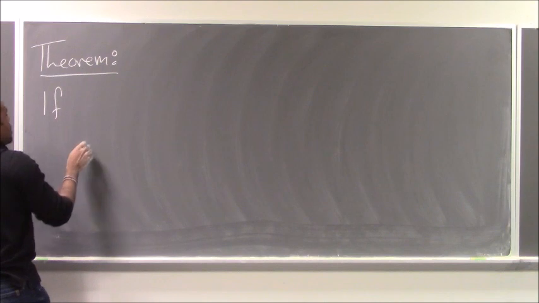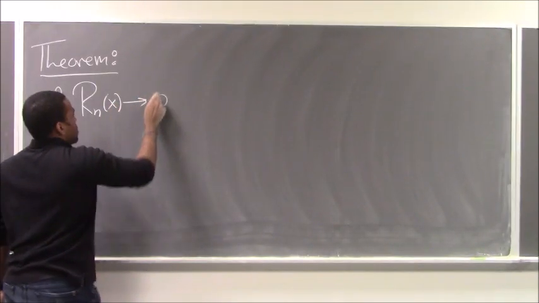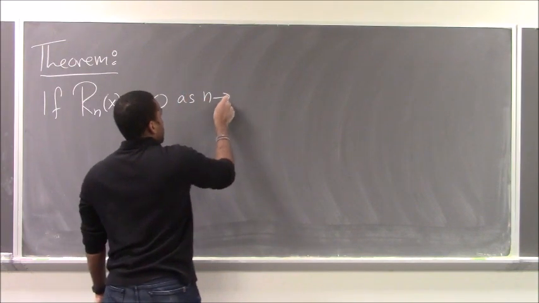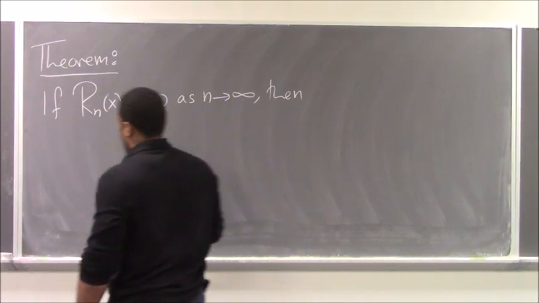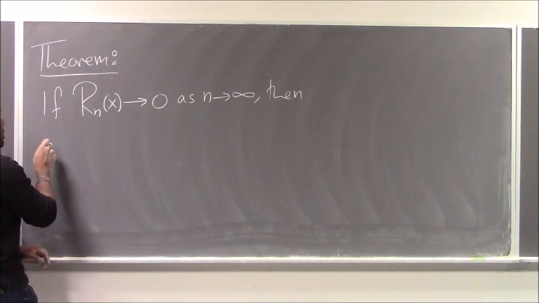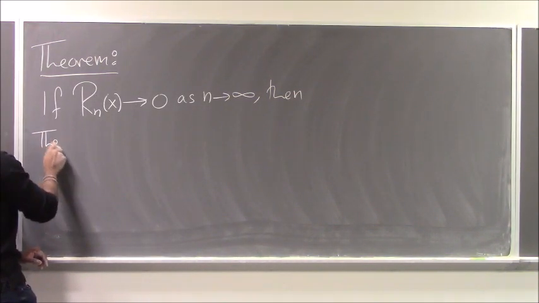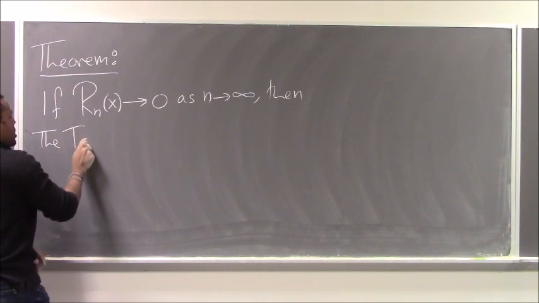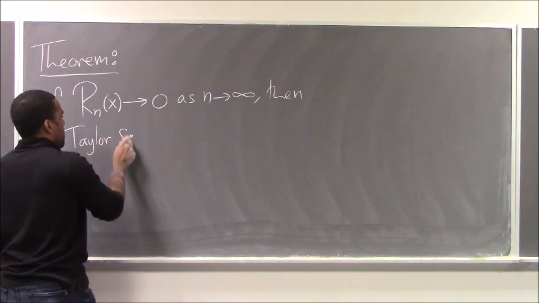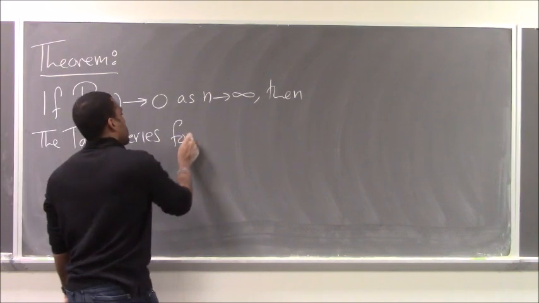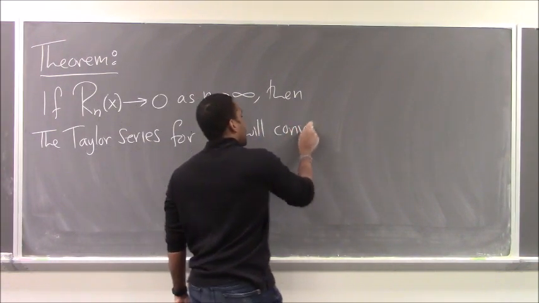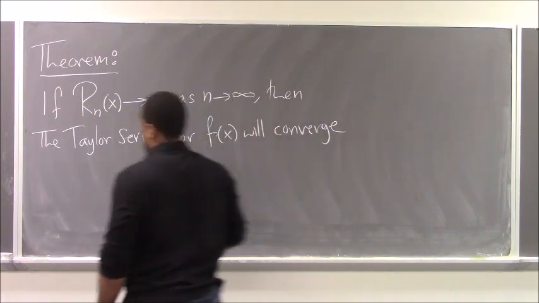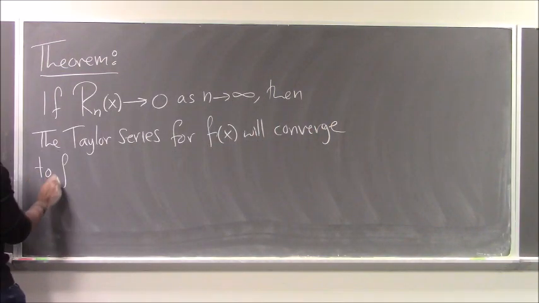If your r to the n of x approaches 0 as n approaches infinity, then the Taylor series for f of x will converge to f of x.